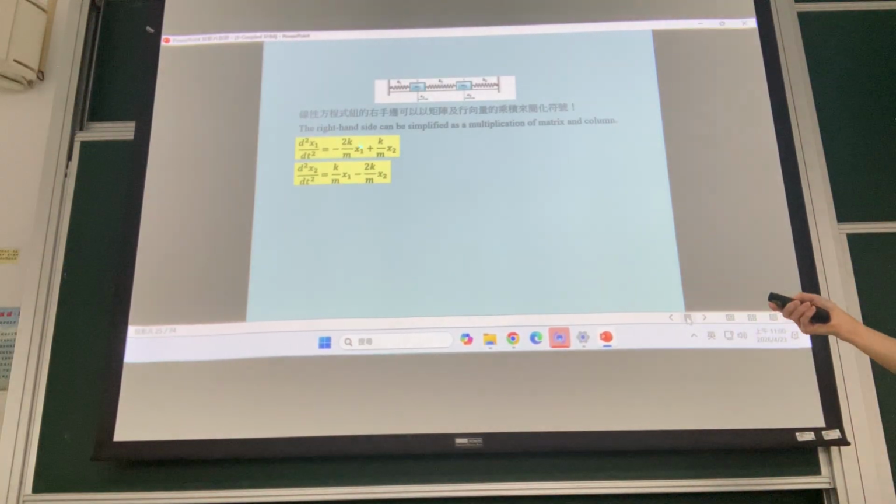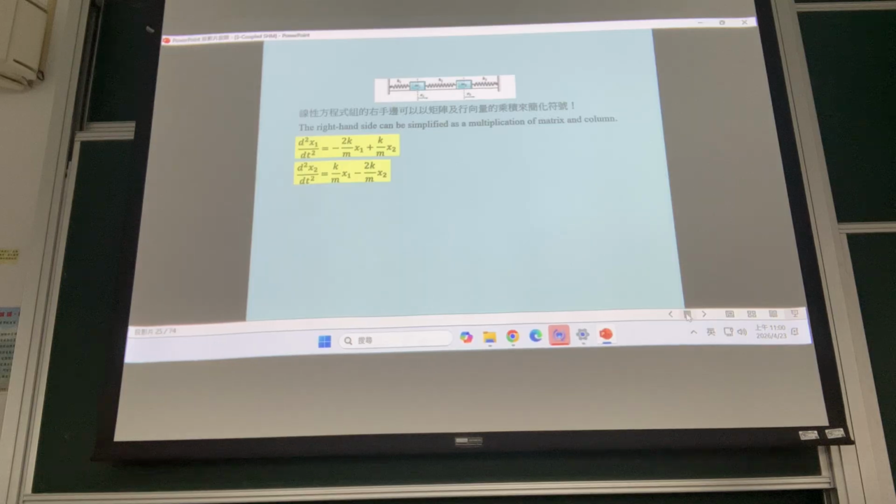Now, the point is, these are two systems of ODE.